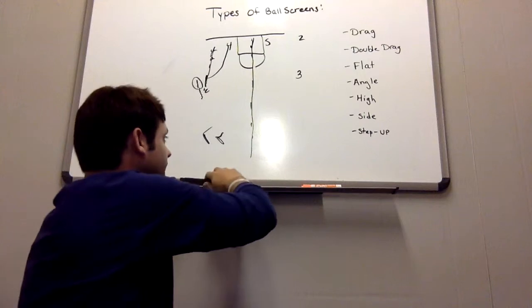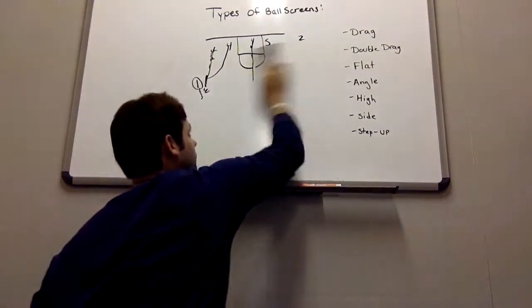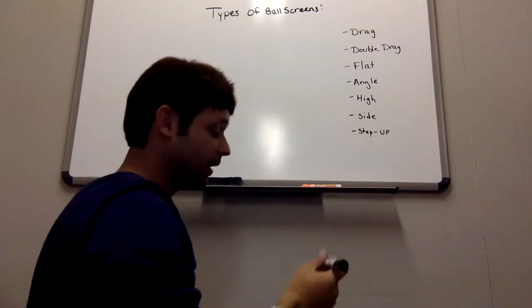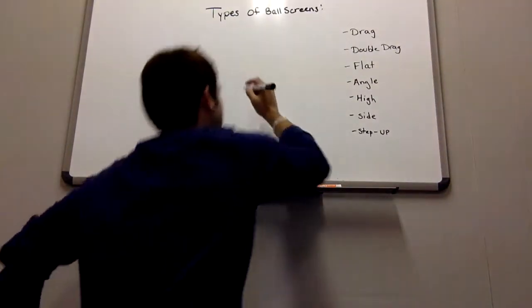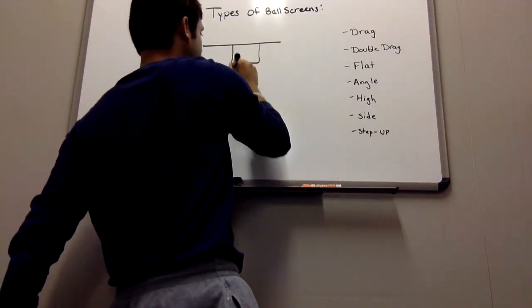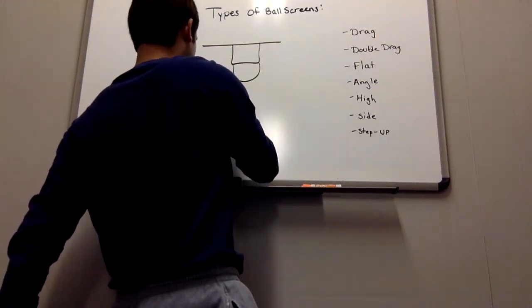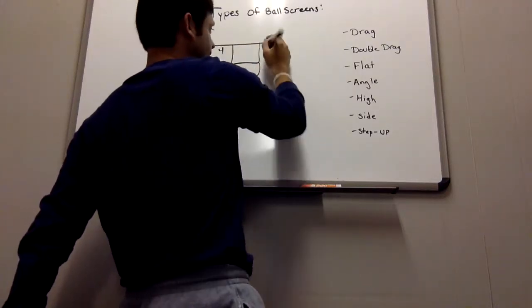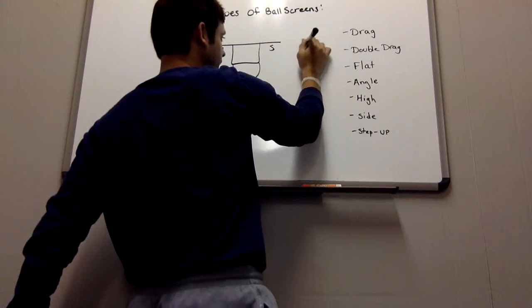And last but not least is probably the most complicated one, but might be the most effective one that a lot of people do not use. And it's the step up screen right here. And you got your 1, 4, same little set that we did last time.